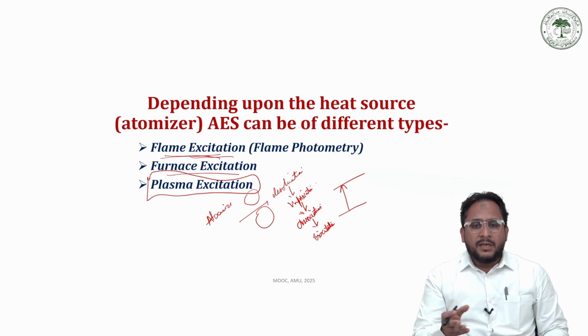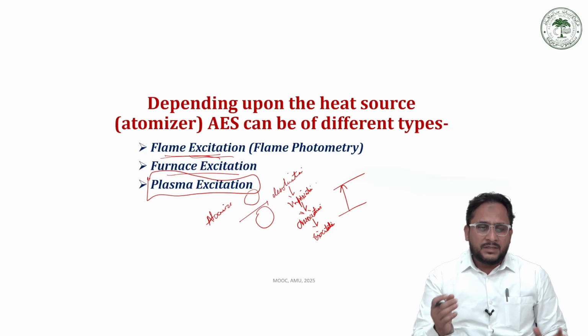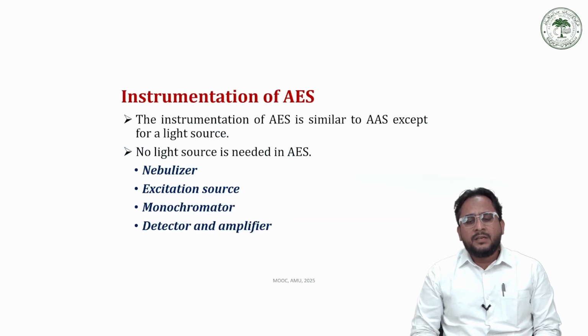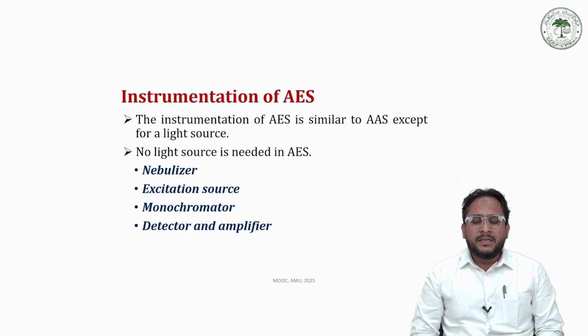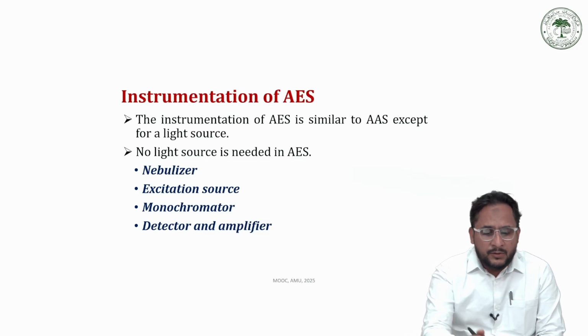Therefore it increases the scope of this technique and makes it versatile. The instrumentation of AES is almost similar to AAS, except for the well-known fact that we do not need a light source here.